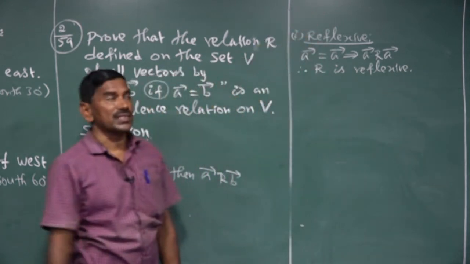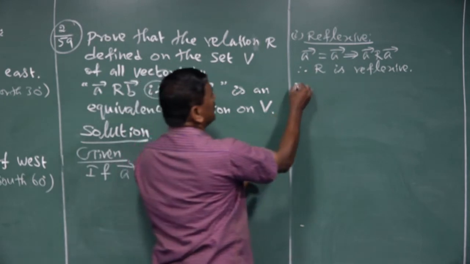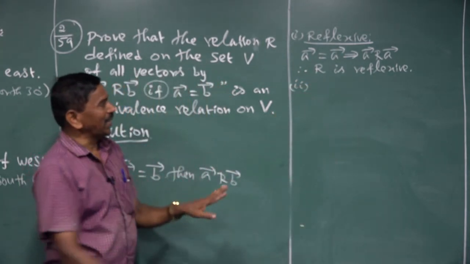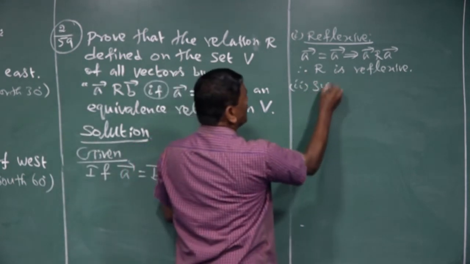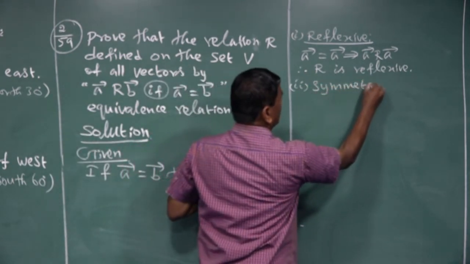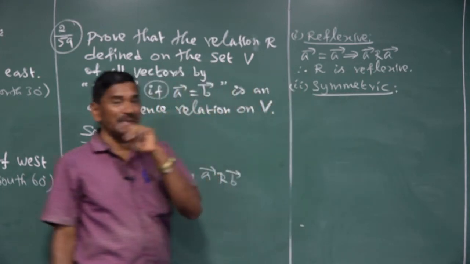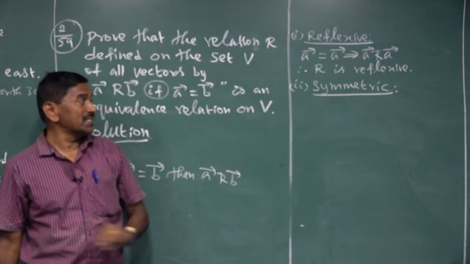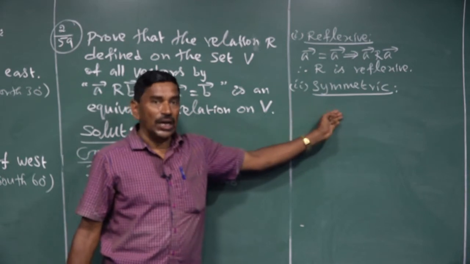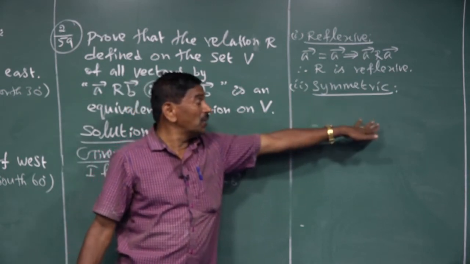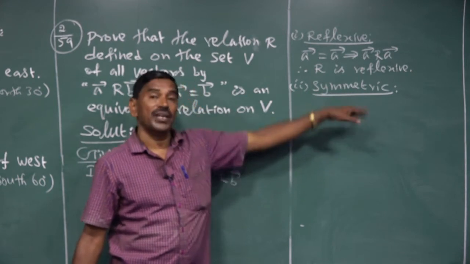First subdivision is completed. Come to second subdivision. Symmetric. Okay. Symmetric, remember the definition? A is related to B, which implies B is related to A. Therefore, R is symmetric.